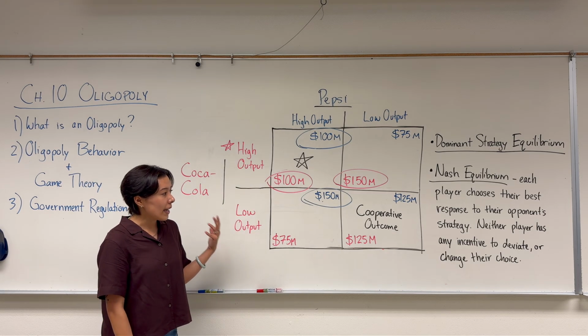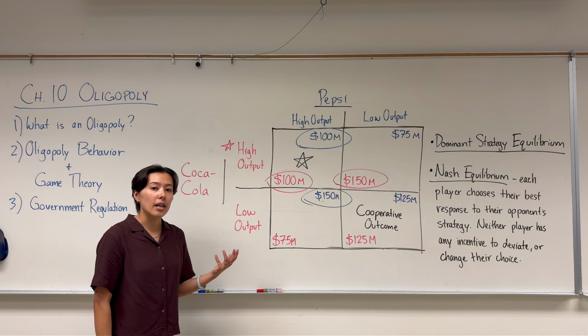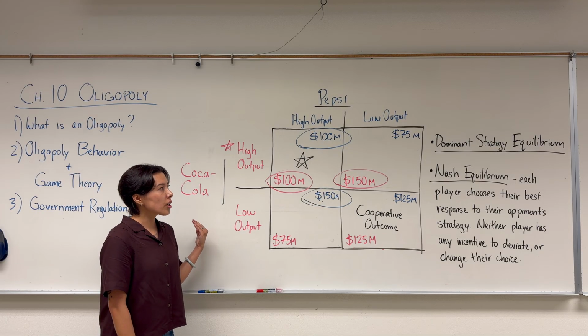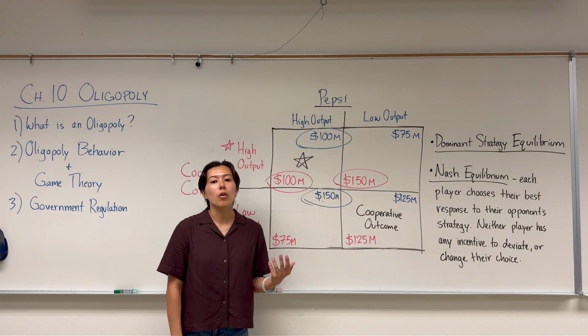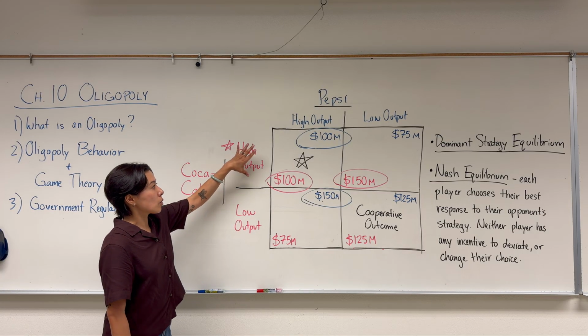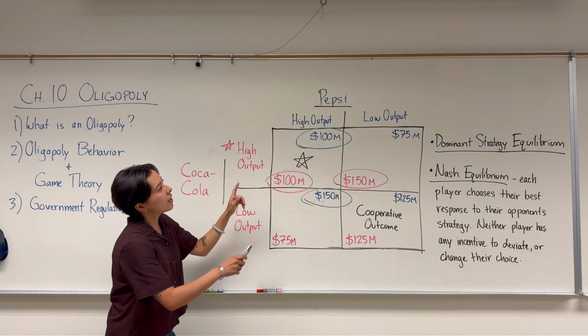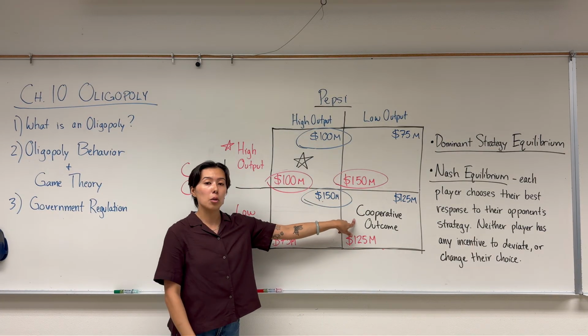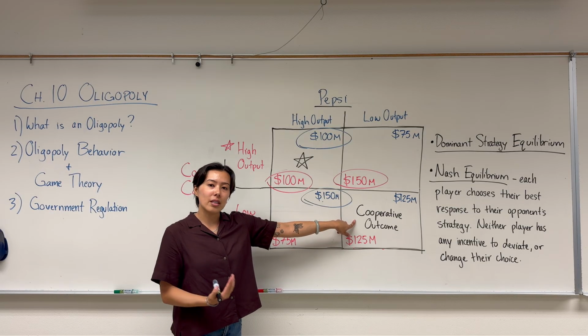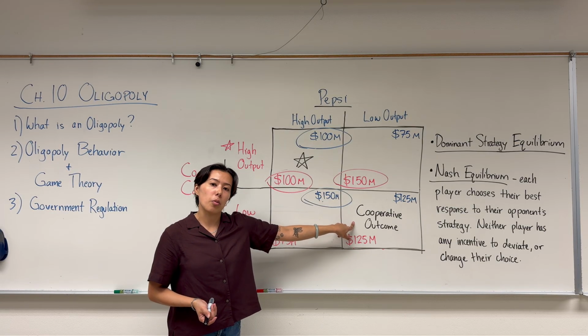When oligopoly firms work together as a cartel, they usually restrict output to keep their prices high and increase their profits. So this collusive behavior would be illustrated if both Pepsi and Coca-Cola chose to produce the low level of output. They restrict that output and they increase their profits.